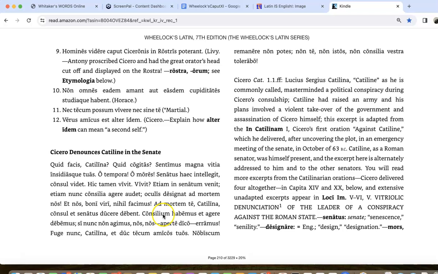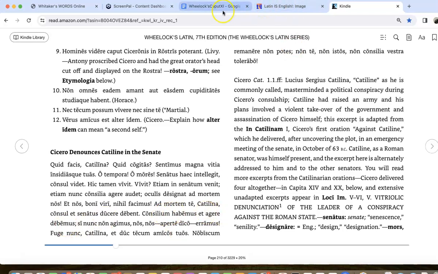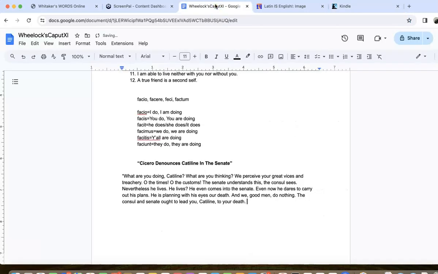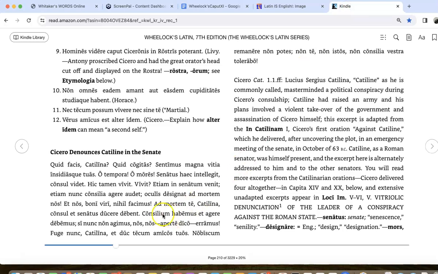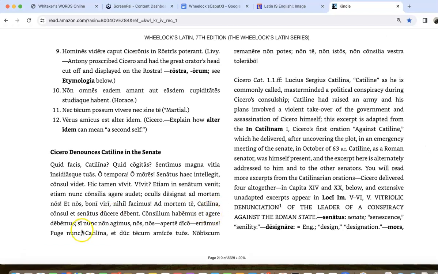Concilium, we have a plan and we should carry it out. So it's not just you that has a plan, we have a plan too. We have a plan, concilium habemus, and we should carry it out like an agenda. If we do not do this now, we, I openly say, are mistaken.